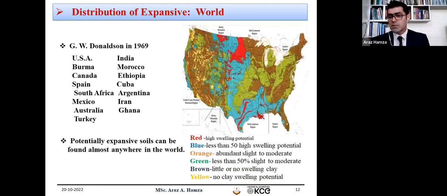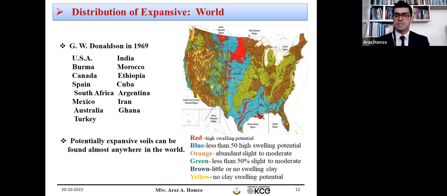Actually, there is no accurate map to show us the distribution of expansive soil, because only developed countries could deal with such a problem. They could collect data, and they could provide a good map for their country. This is a good requirement for the engineers in every country in the world.